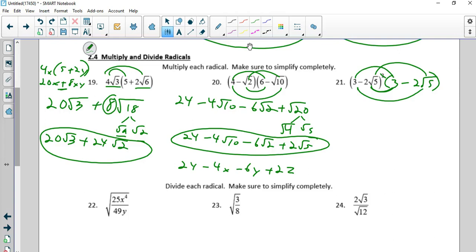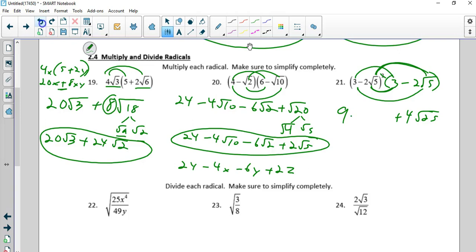So what's the shortcut? Square the first term. 3 times 3 is 9. Square the last term, which is right here. Negative times negative is positive. 2 times 2 is 4, radical 25. Then, the shortcut is, which is the same as FOILing, multiply 3 times negative 2 radical 5, which is negative 6 radical 5, and just double it, because that's what happens when you FOIL.